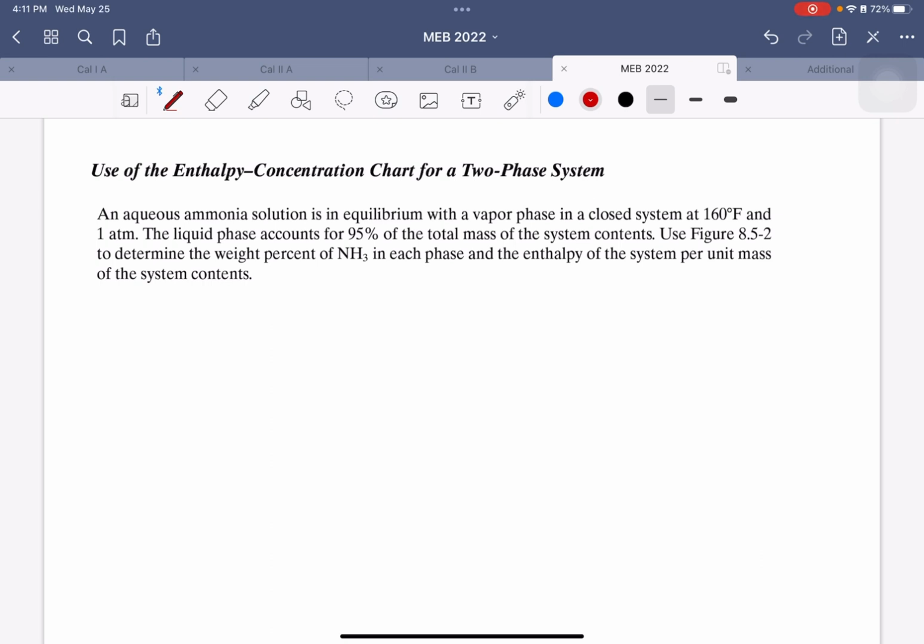You have the ammonia solutions in equilibrium with vapor phase in closed system at 160 Fahrenheit, 1 atmosphere. Liquid phase is 95%. And determine the weight percent of ammonia in each phase, and the enthalpy of the system per unit mass of the system content.